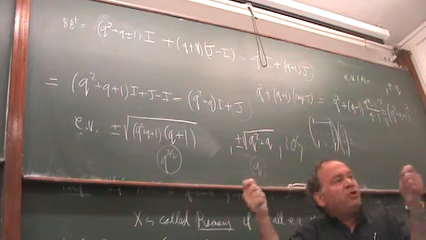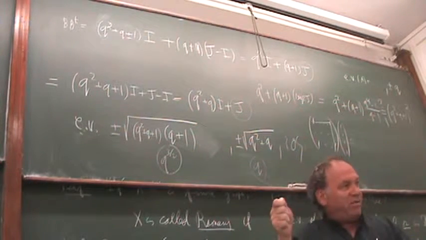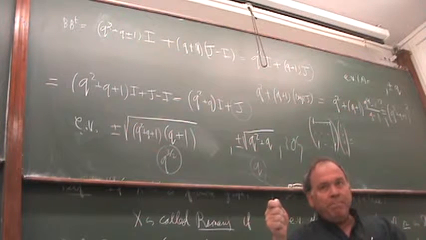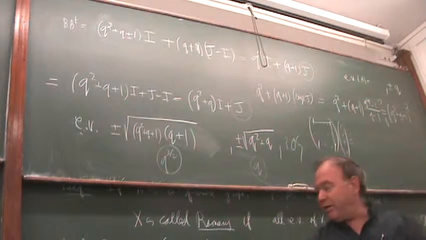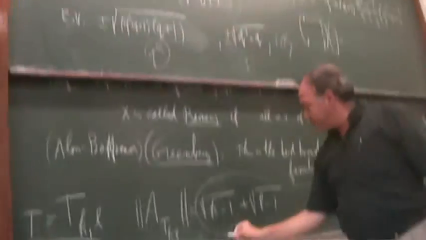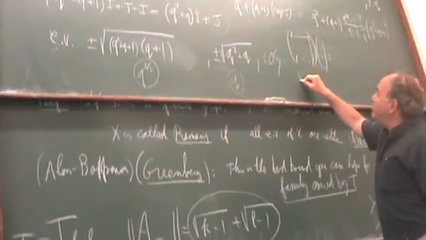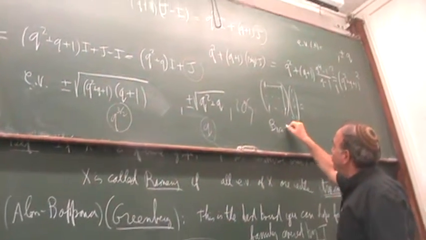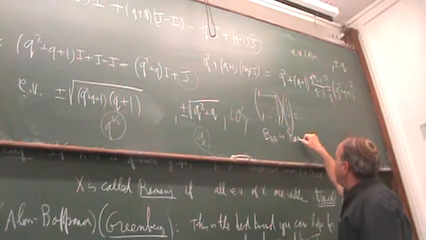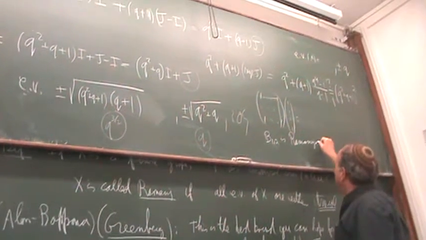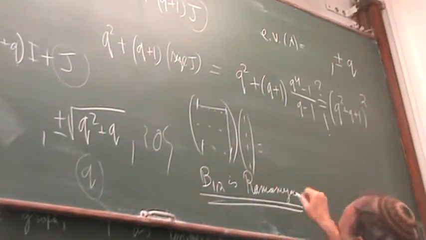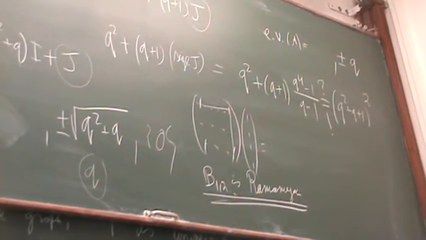But being Ramanujan for a biregular graph should be less than this number. So now I claim that this B12 is Ramanujan.